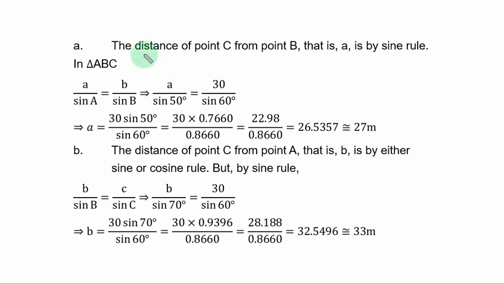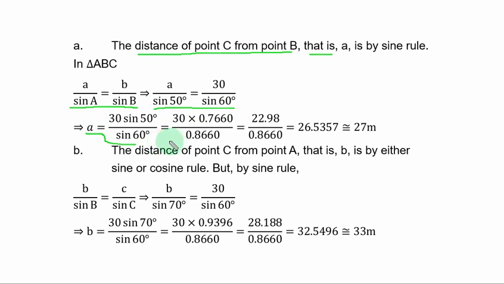A part of the question, the distance of point C from point B, that is A, is by sine rule. In triangle ABC, you have the sine rule in this form. You always state the sine rule along that complete side, that is side B and angle B. You replace the known side with what they stand for, cross multiply and divide through by sine 60 degrees to make A the subject.